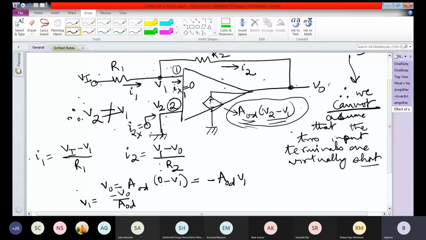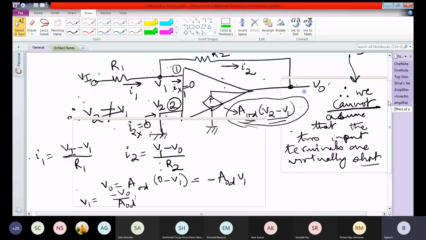And now combining I1 equal to I2, we eliminate V1, equating I1 equal to I2.